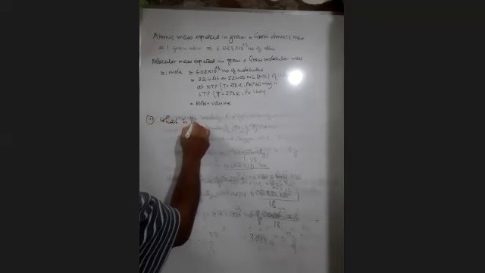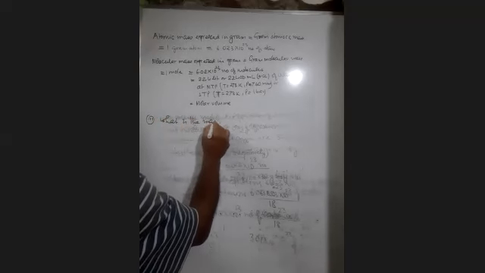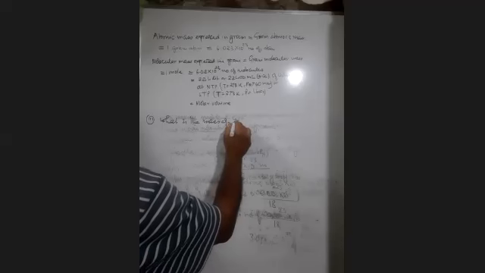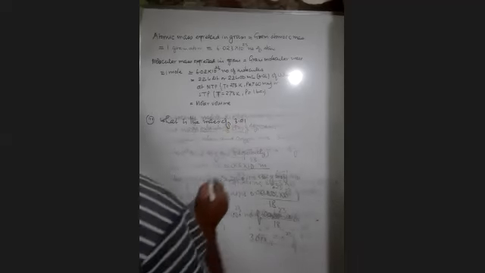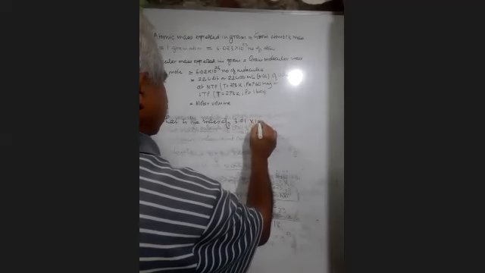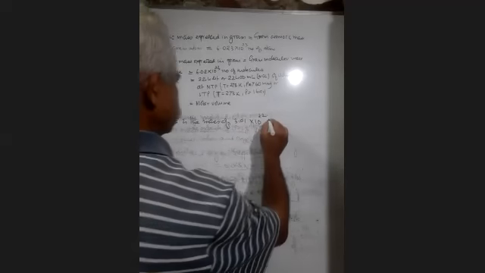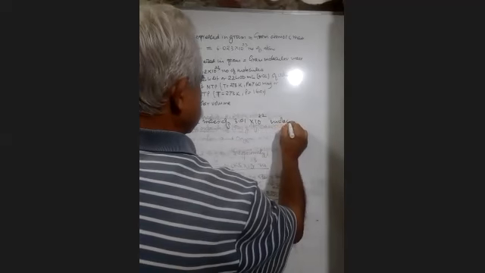What is the mass of 3.01 into 10 to the power 22 molecules of ammonia?